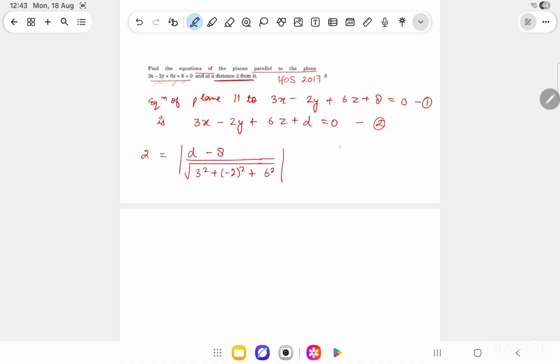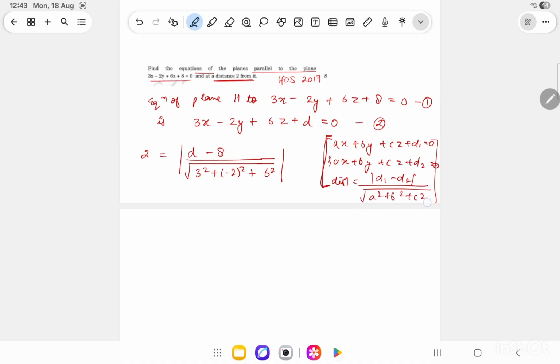Because the distance between two parallel planes ax plus by plus cz plus d1 equals 0 and ax plus by plus cz plus d2 equals 0 is |d1 minus d2| upon under root a square plus b square plus c square. So using this formula I got this equation.